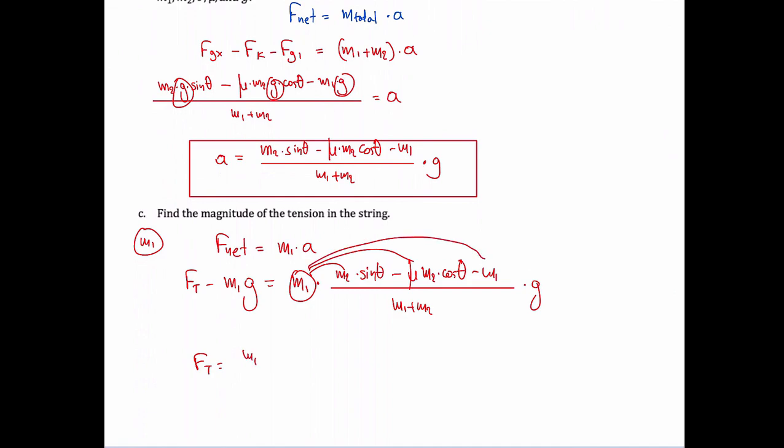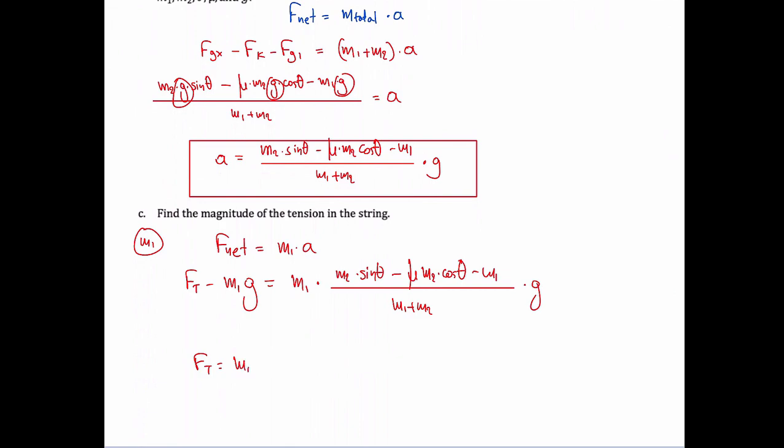So m1 m2 sine theta minus mu m1 m2 cosine theta minus m1 squared, divided by m1 plus m2, multiplied by g plus m1 times g. Actually, I think that maybe I should have done that differently, so I will switch back to whatever I did before, because the m1 later can become a common factor.